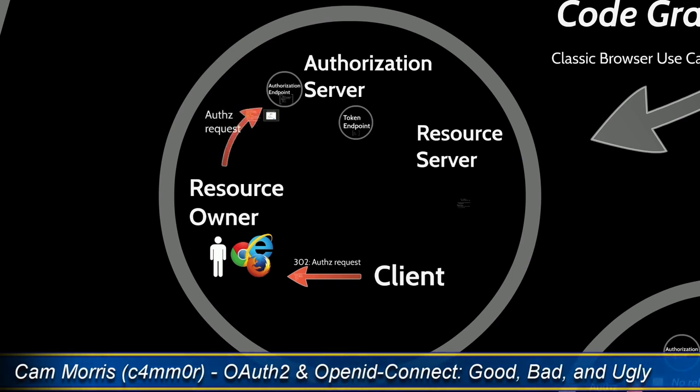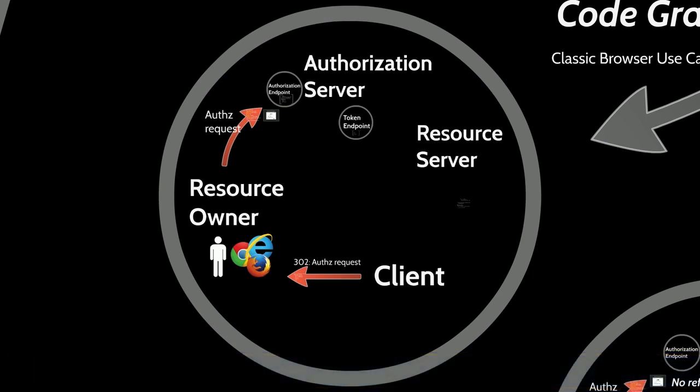So you get redirected with this authorization request. If you're logged in, then you're prompted to ask, you grant this access to the client. And then when that happens, you get an auth code back in another redirect. So you get redirected back over to the client with this auth code.